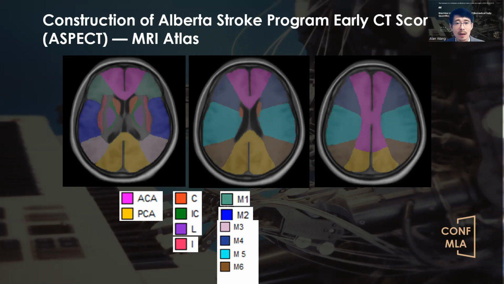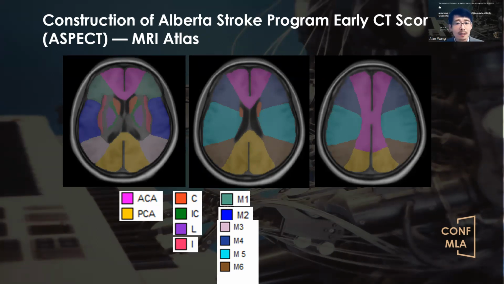The advantage of the MR atlas is that it has a strong and reliable registration capability to map the individual MRI data to the brain template for MRI and also the corresponding ASPECTS atlas.